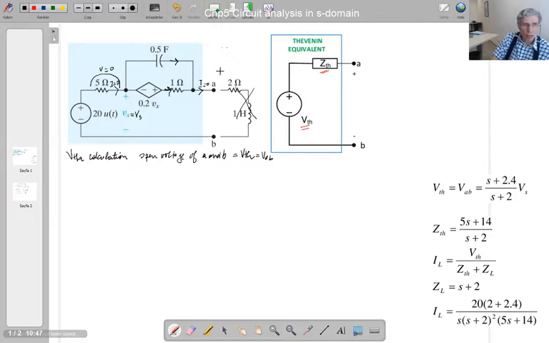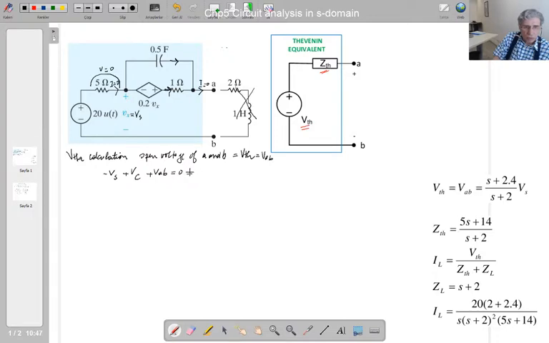loop here, it's going to be Vs minus Vs plus Vc, that capacitor voltage, plus VAB is equal to 0, isn't it?